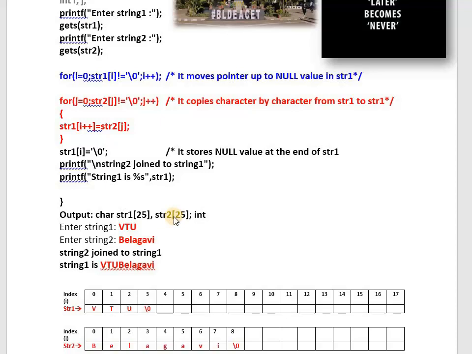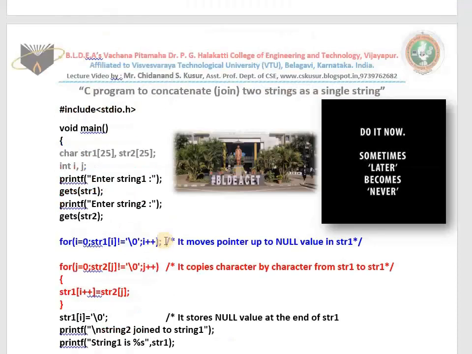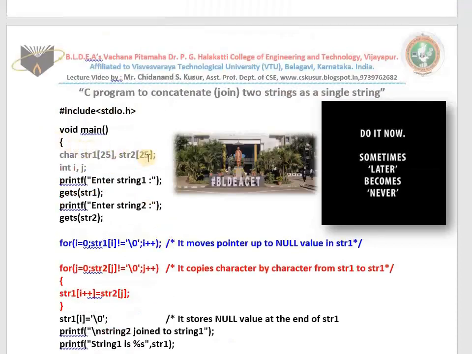Okay, we are working with two loop statements. That's why, for one of the loops we use i, for the other loop we use j. That means to solve this problem we need two string variables and two integer variables.